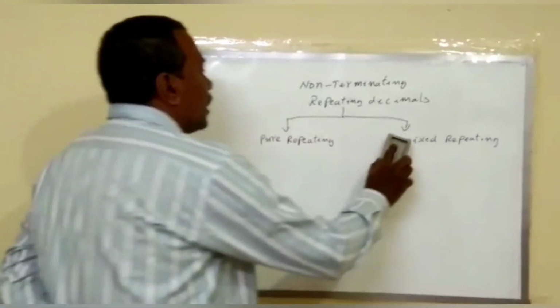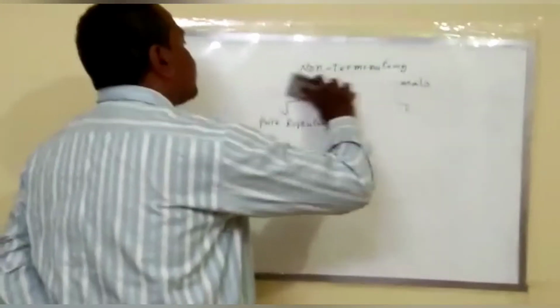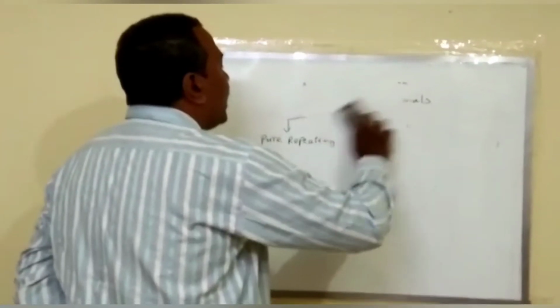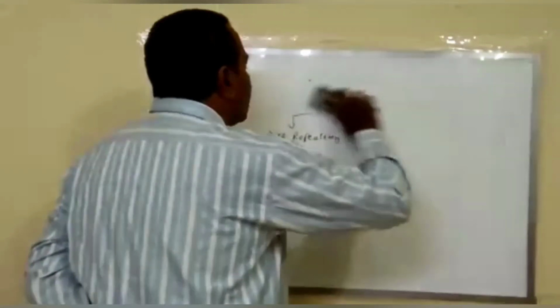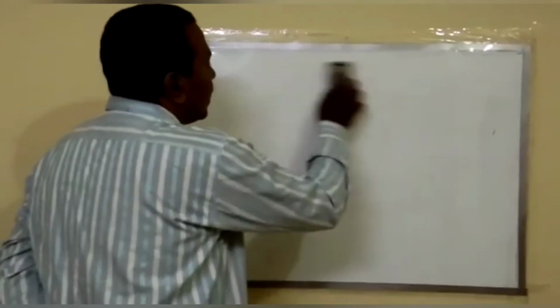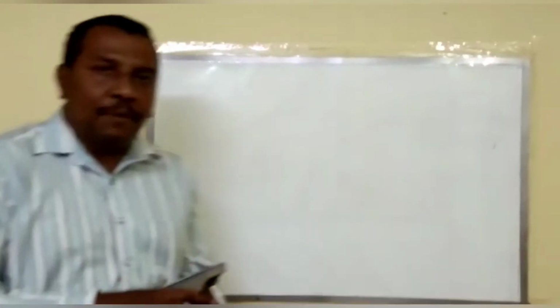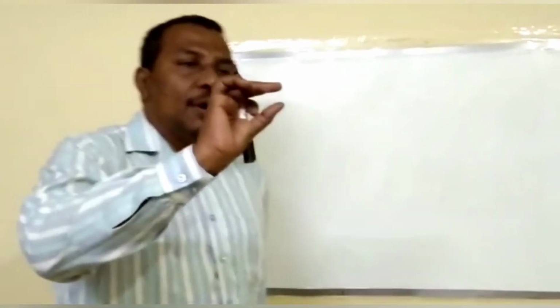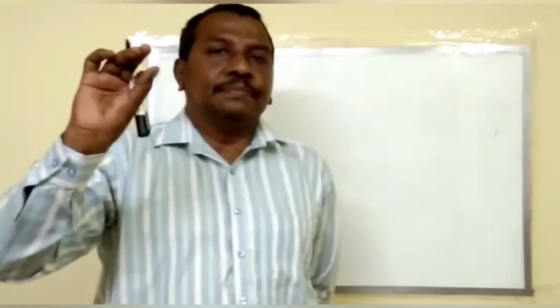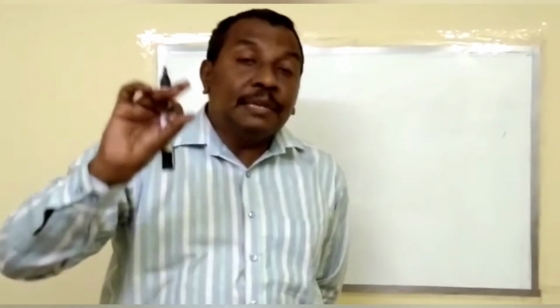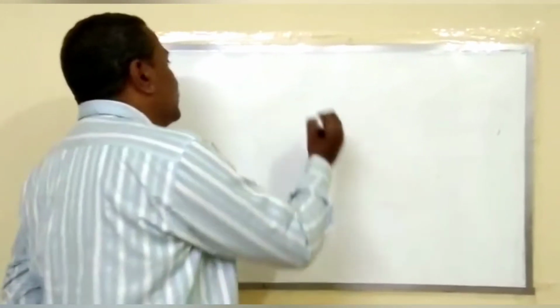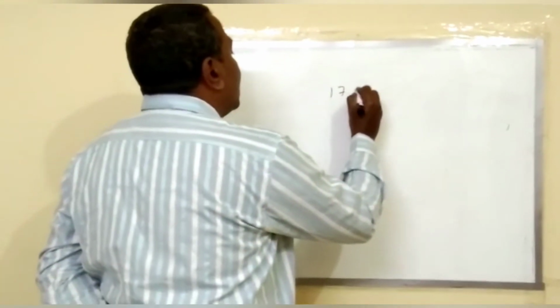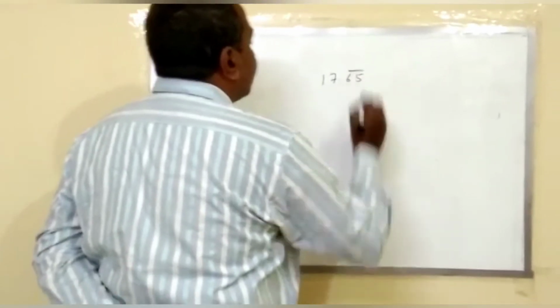What is a pure repeating decimal? Pure repeating decimals are the decimals in which, after the decimal point, all the digits are repeated continuously. That means after the decimal point, all digits have a bar, and that decimal is called pure repeating. For example, 17.65 bar.